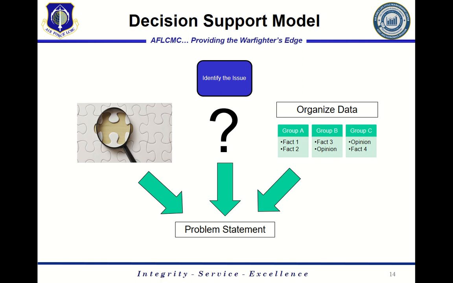We don't always know what the problem is up front. We kind of have to figure it out. Sometimes the question we're asked isn't really the problem. The problem's a little bit deeper. This is the digging deeper to identify the root issues and eventually boil it down to a problem statement.